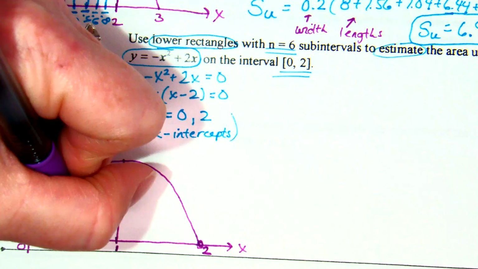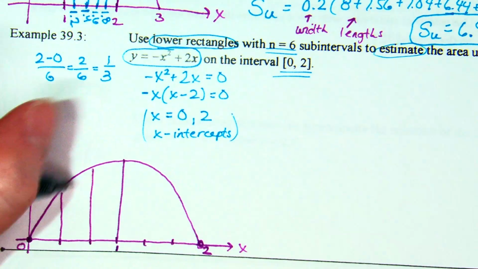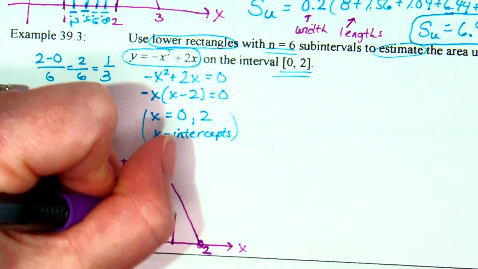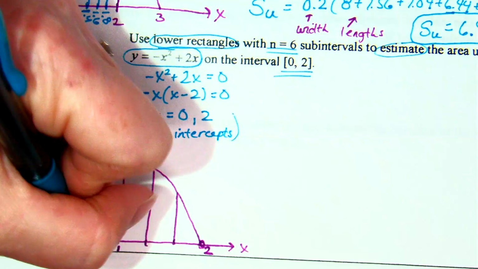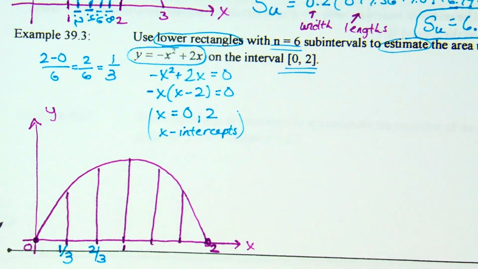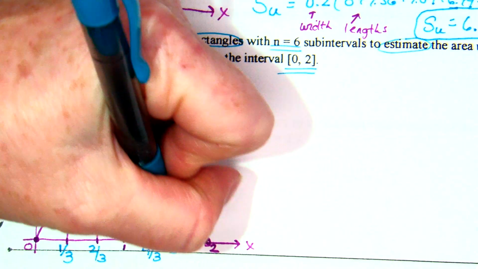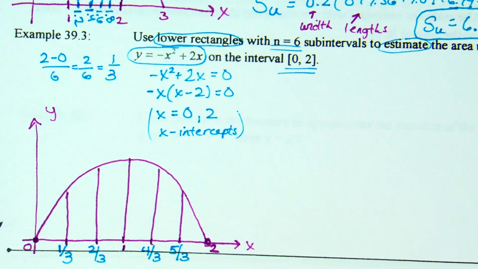The zeros are right there. 1/3. After 1/3 is 2/3. After 2/3 is 1. What is 1 1/3? 4/3. So what is 1 2/3? 5/3. And then 6/3 is 2.